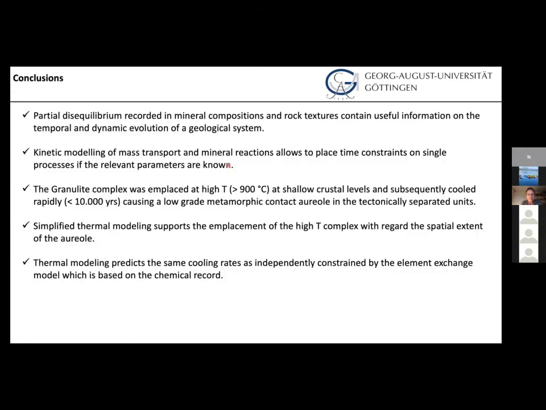So to wrap it up, even though we are at quite low temperatures, we can use these chemical zoning profiles in order to constrain time information. And the beauty about the system is that we can do this on a single thin section.